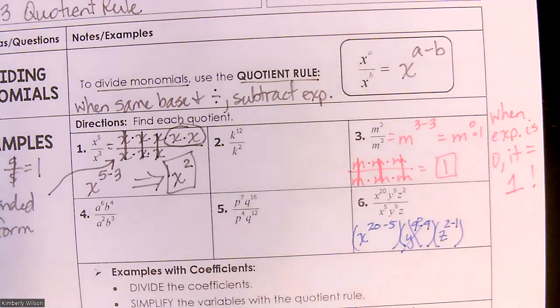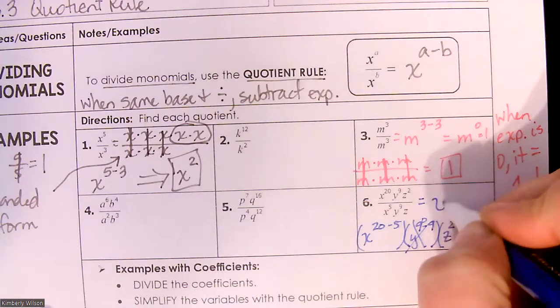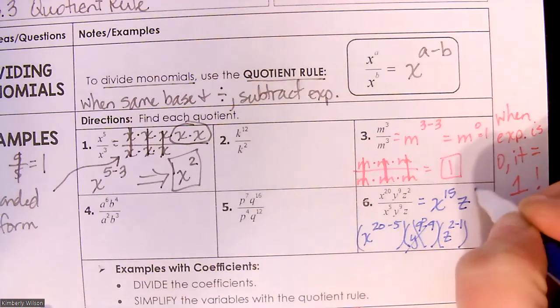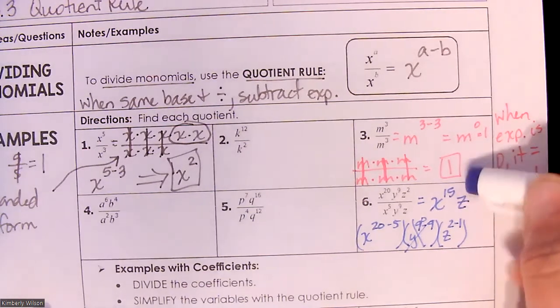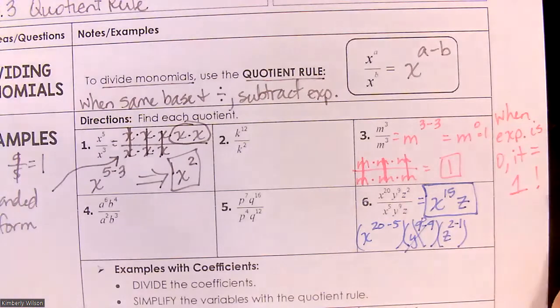So this actually goes away. And my final answer is going to be x to the 15th, z to the 1st, which I don't even have to write that 1. I just leave it as z. So here is my final answer.